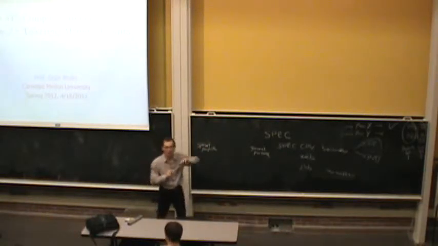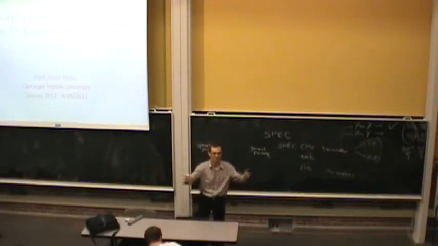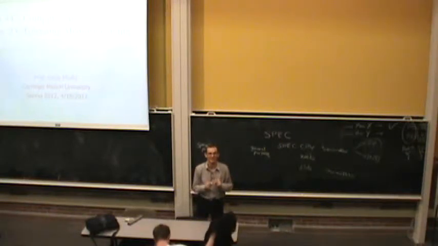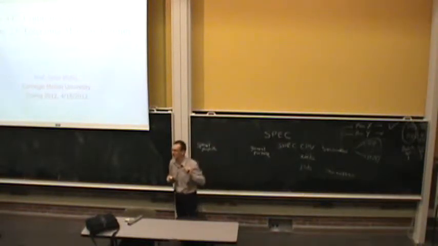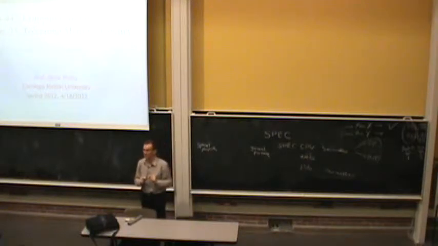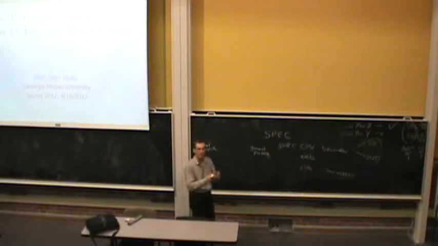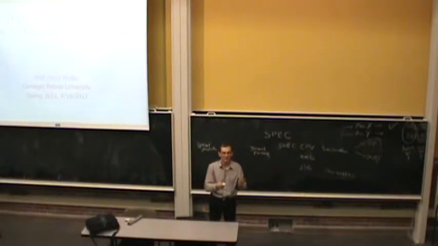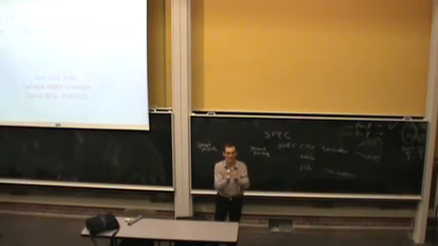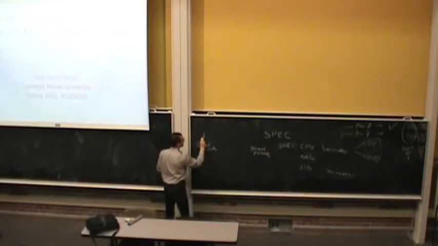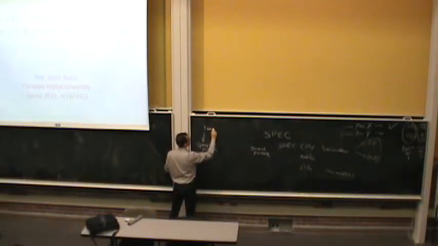Let's say eQuake, earthquake simulation, figuring out how the earthquake propagates. That's the only application you care about. You can optimize your processor to execute that much faster, right? Perhaps that application does a lot of floating point adds and multiplies together. Maybe you generate an instruction that actually does that for you, right? Just for that particular application. That's special purpose, basically. In the extreme case, one workload optimized for one application.